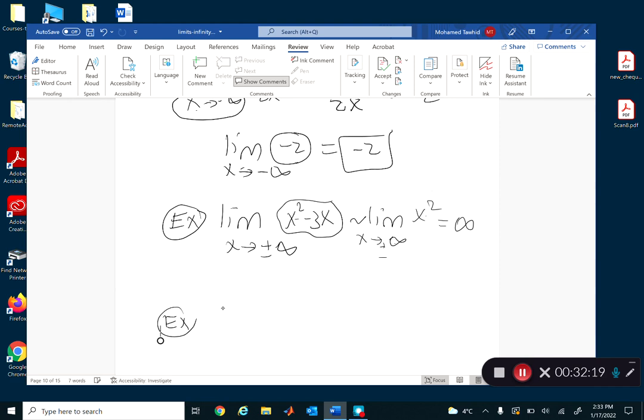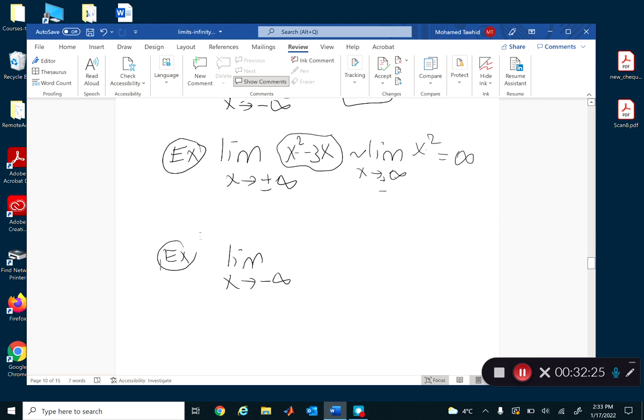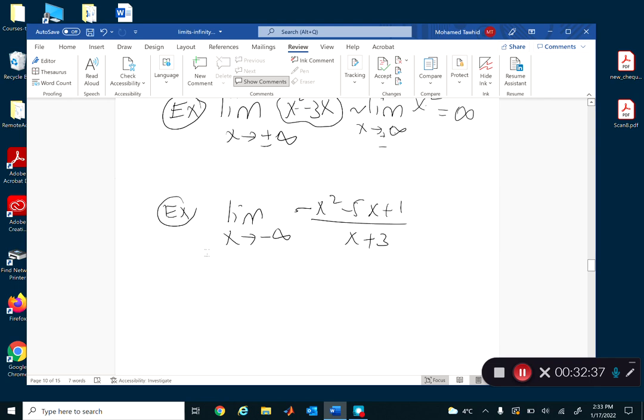Another example here, guys, x close to minus infinity, and here you have negative x squared minus 5x plus 1, over x plus 3. So now how to handle this? What is my leading term? Limit as x close to minus infinity. What is my leading term here? Negative x squared.